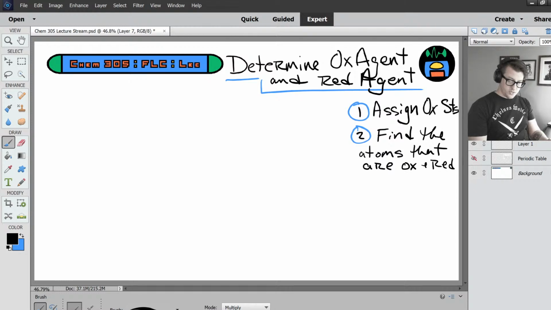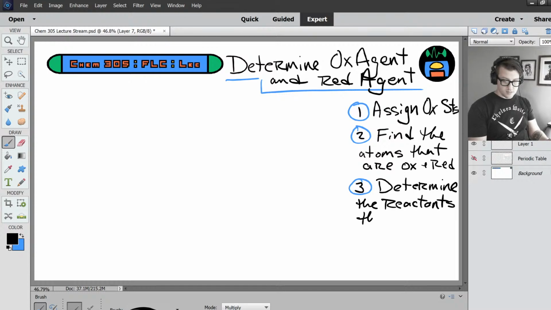And then step three is determine the reactants that caused the oxidation and reduction.